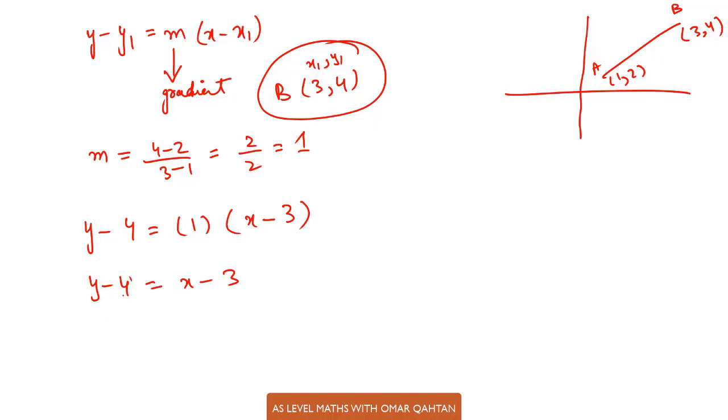Shifting this minus 4 to the right side, y equals x minus 3 plus 4, and y is equal to x plus 1. So that's how we can use either equation. Either you want to use y equals mx plus c, or you want to use y minus y1 equals m into x minus x1. It's up to you.